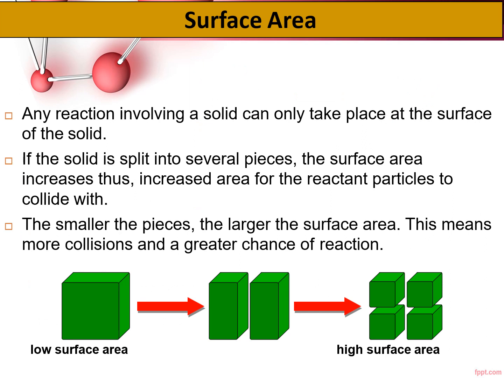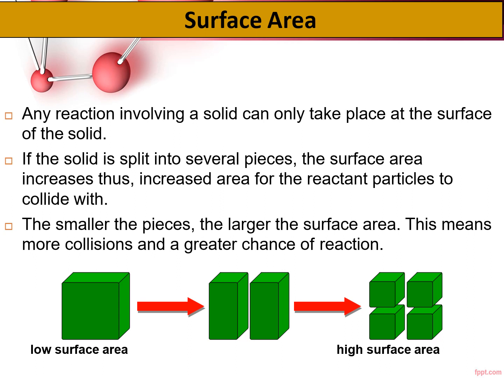Surface area, okay, any reaction involving a solid can take place on the surface of the solid. Just imagine if you have one bulk box, for example, it's going to give you a low surface area because it's just one space. But if you chunk the box or the substance into a few particles, it gives you more surface area.